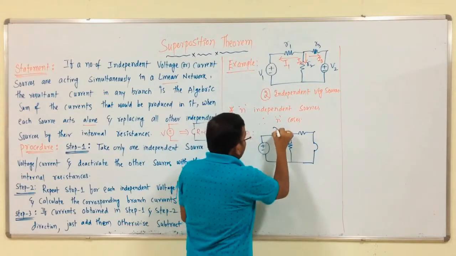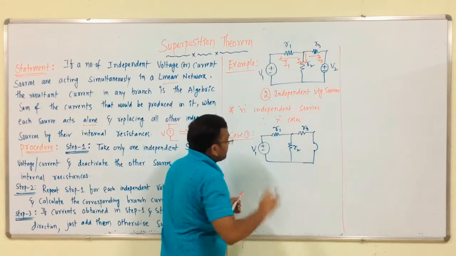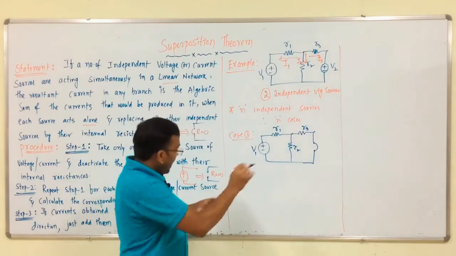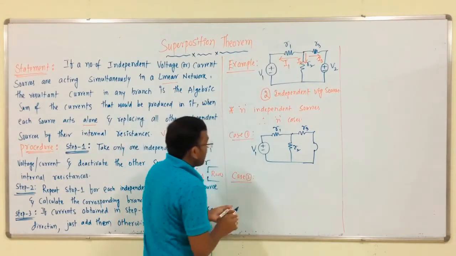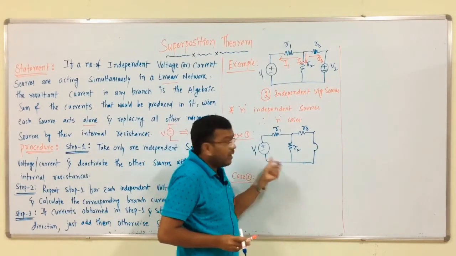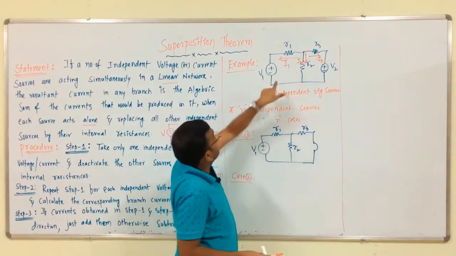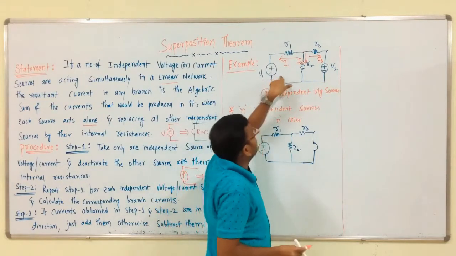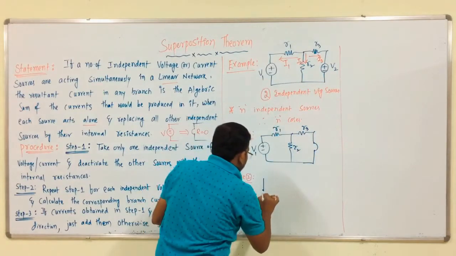So, write as it is R1, R2, R3, this is V1. Like this case 2: in the previous case this should be active and this one deactivated. Like this in case 2, this should be deactivated, this should be active, means short circuited.